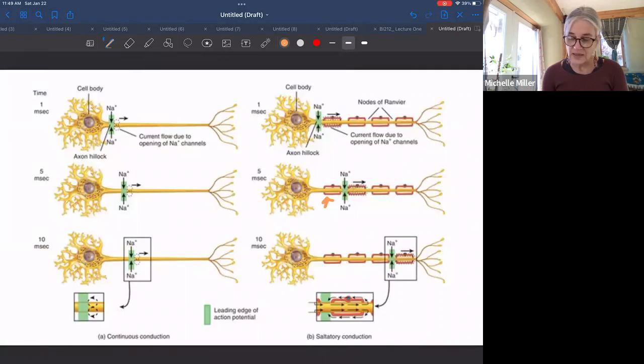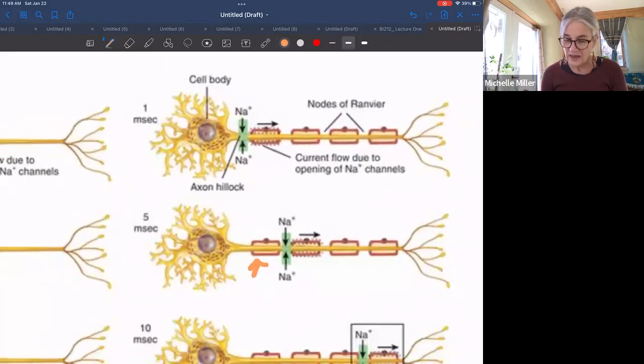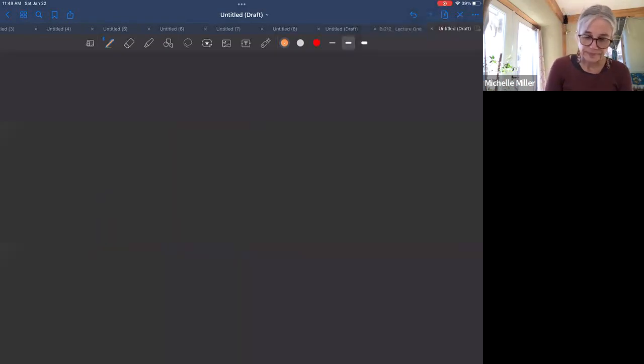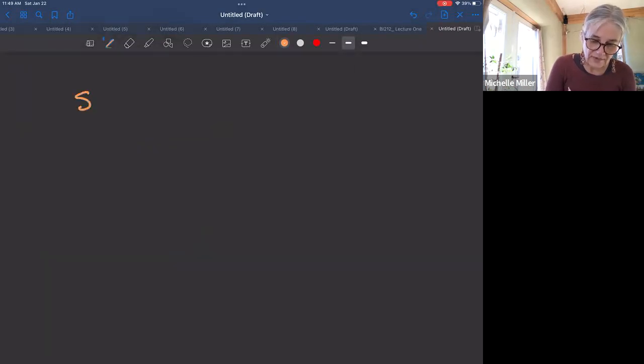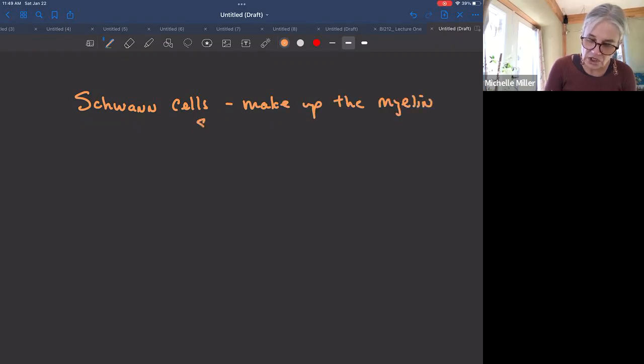So where is the myelin? The myelin is actually in the Schwann cells. The Schwann cells are a type of glial cells. So when we look at myelin, we have Schwann cells, and these make up the myelin sheath.